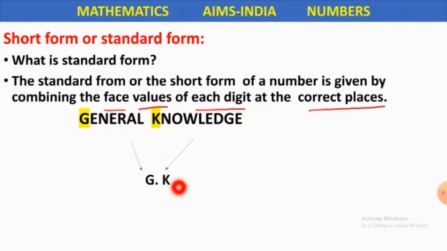We are writing it as a short word. So this is called short form, and this can be understood as expanded form. The expanded form of GK will be general knowledge. Expanding means writing it in a bigger form. Short form or standard form means writing it in a smaller way.